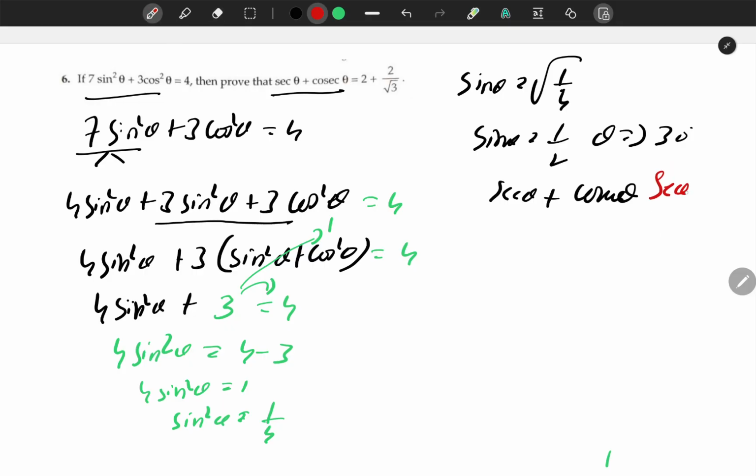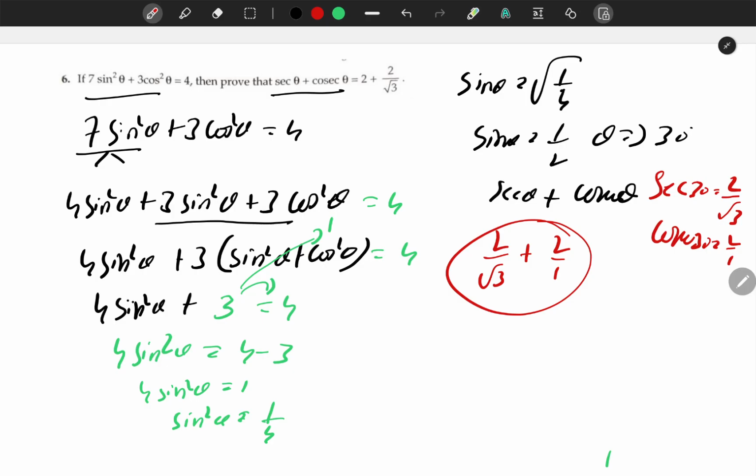We know that secant 30 is 2 by root 3. Cosecant 30 is 2 by 1. That is the RHS which we need to prove. Okay.